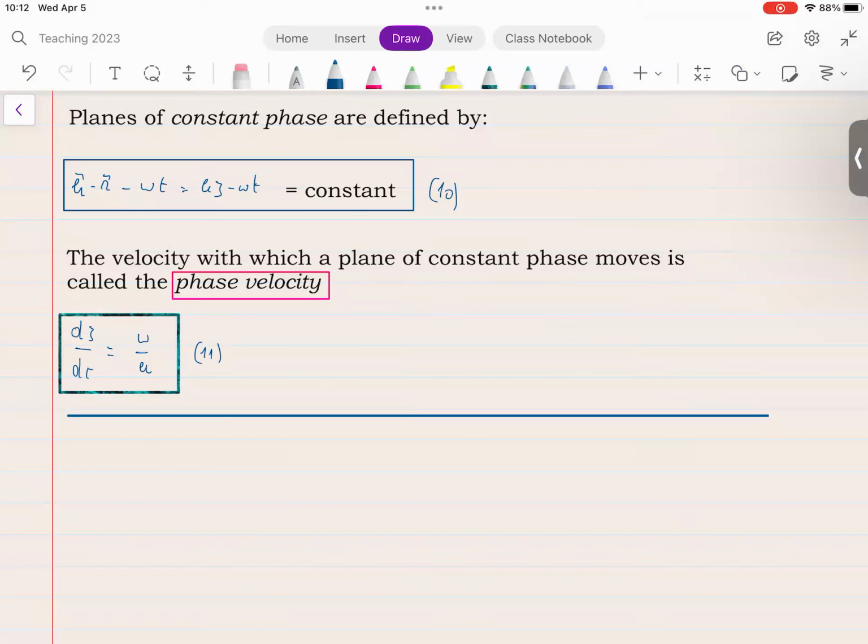The following, that is the use of complex quantities, or notation, if you prefer.